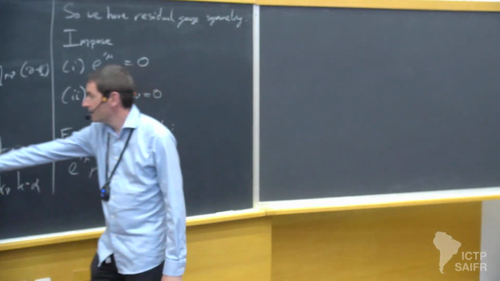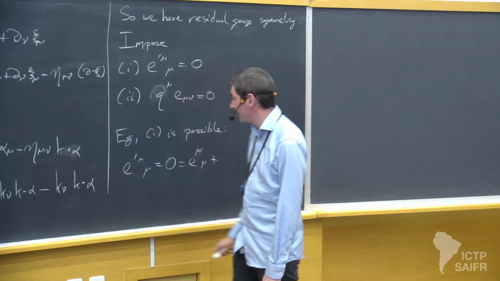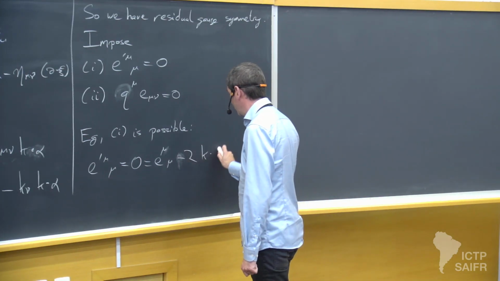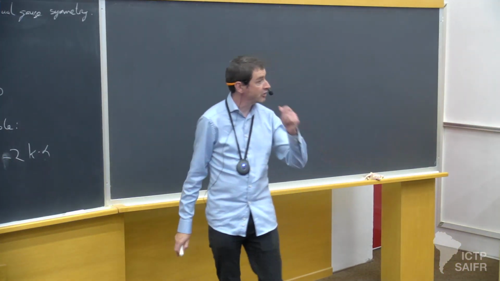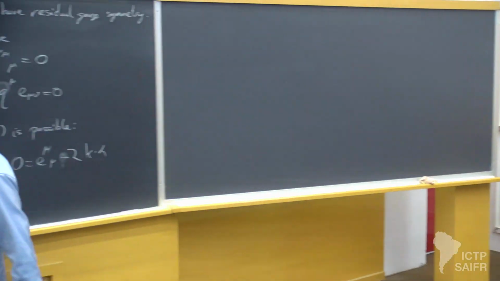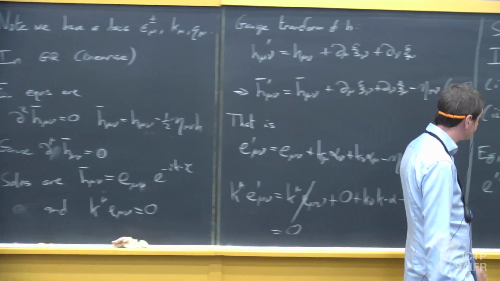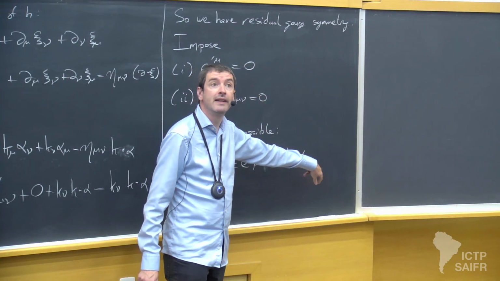Plus, there's going to be 2 k dot alpha from these 2 terms, minus 4 k dot alpha from here, so minus 2 k dot alpha. So in other words, there's a solution for k dot alpha in terms of the trace of the original metric perturbation, the original polarization tensor.